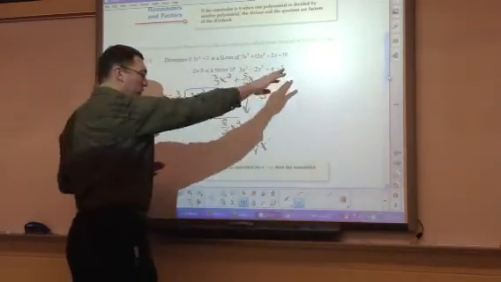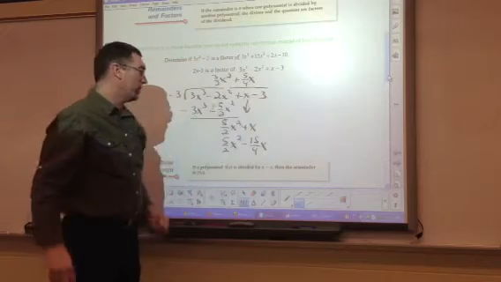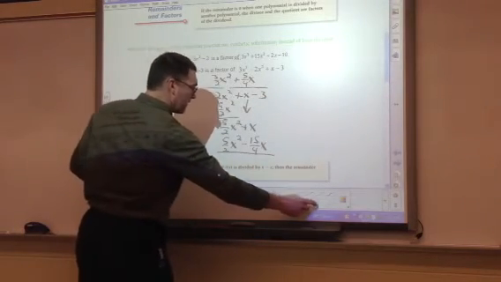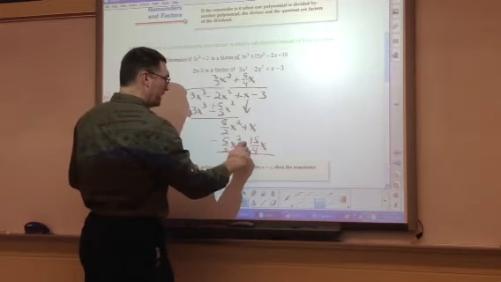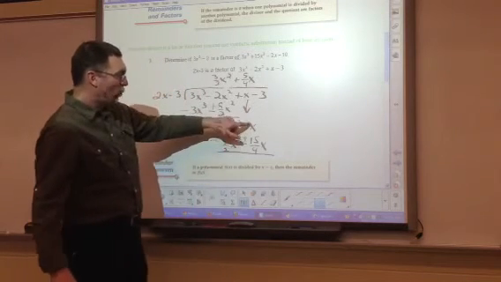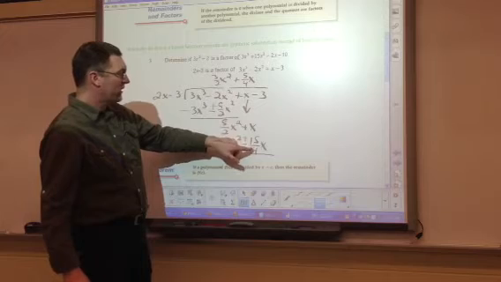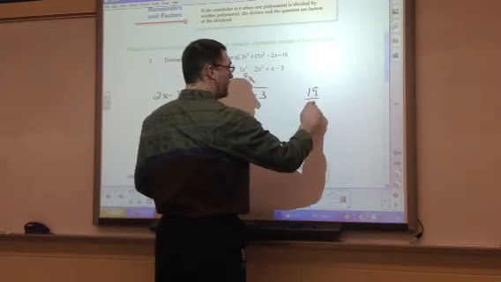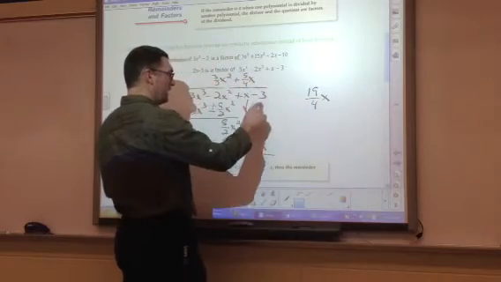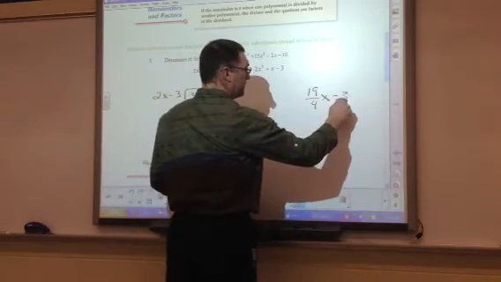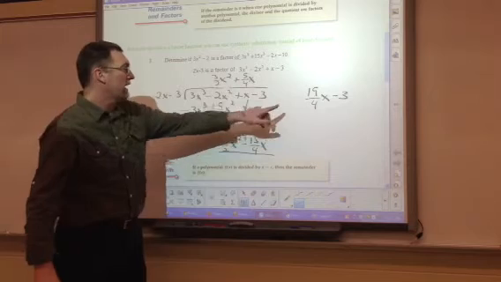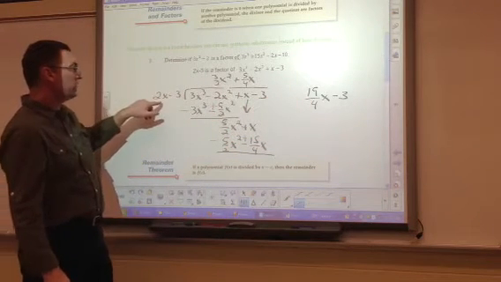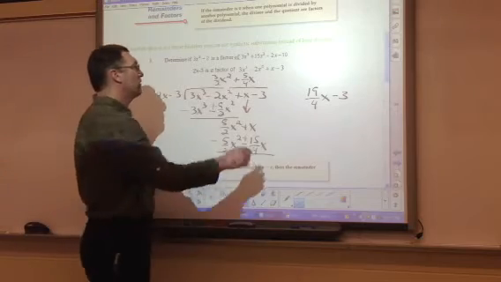Since I'm running out of room, I'm going to move it over here. So when I subtract, we get a negative here, positive here. We have 1, which is 4 over 4. 4 plus 15 would be 19 over 4 x, and I've got to bring down the negative 3. 19 over 4 divided by 2x is 19 over 8.